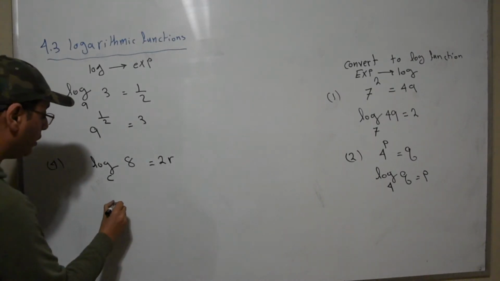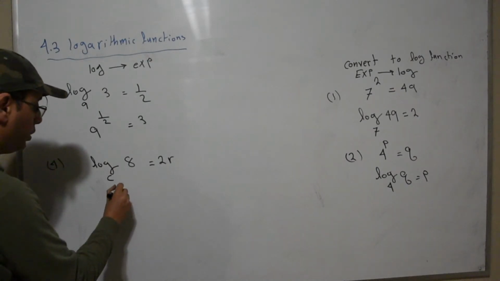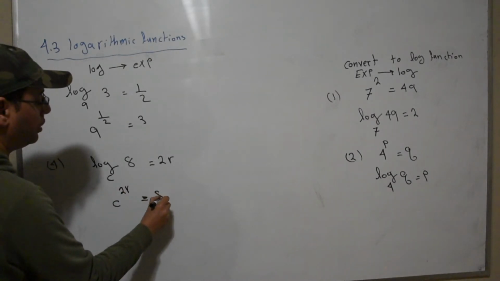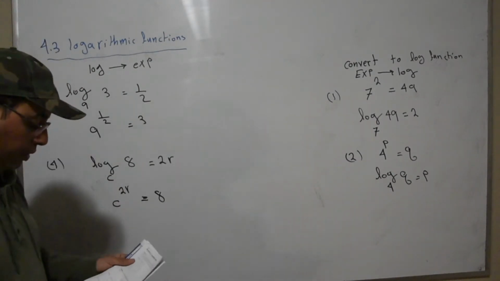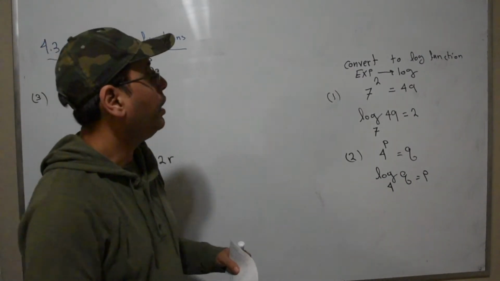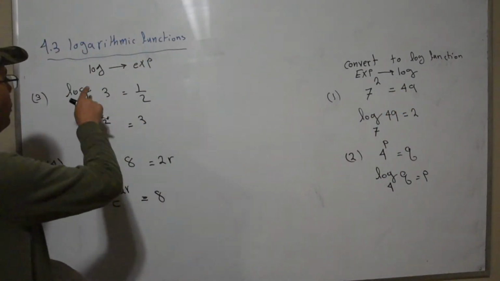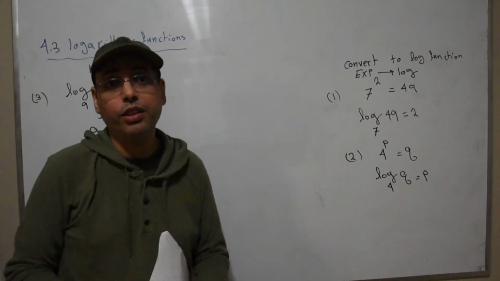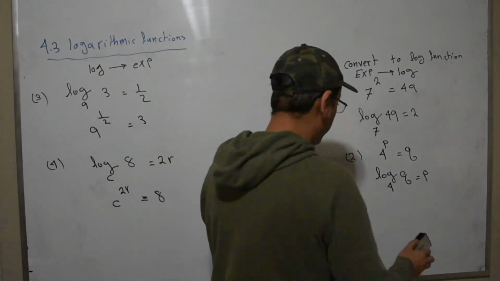The base is c, and the exponent is 2r, not 2, not r, but 2r together, equals the argument, which is going to be the answer here, 8. I hope that this is clear. So we talked about 4 examples on how to convert from exponential expression to logarithm expression, and the opposite, from logarithmic to exponential. Now we're going to move on to explain some properties.